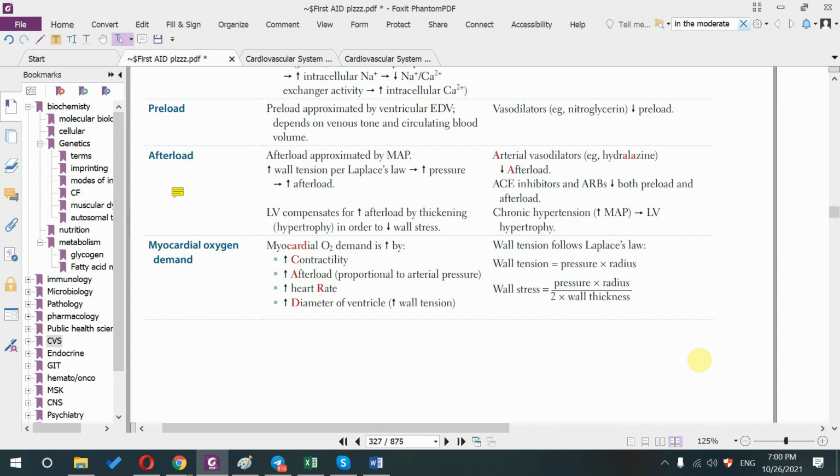But if it enlarges so much, what will happen to the amount of the oxygen demand? It will be so high that it will not be met. So if it will not be met, please be careful. This is tension, this is stress. These are different, okay? So if it will not be met, what will happen to the myocardial tissue? It will die. And if it dies, is cardiac injury reversible?